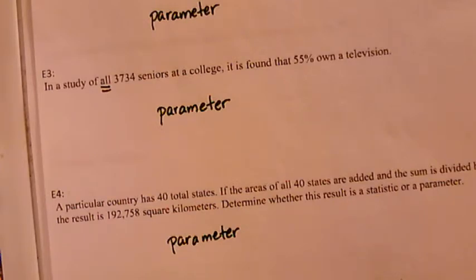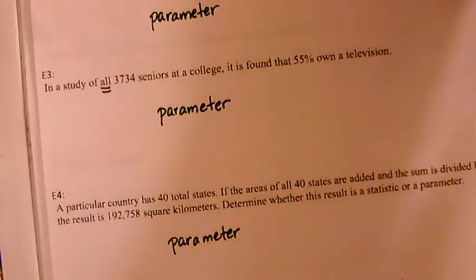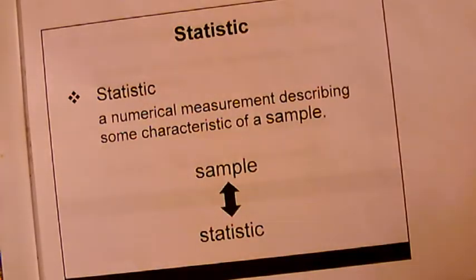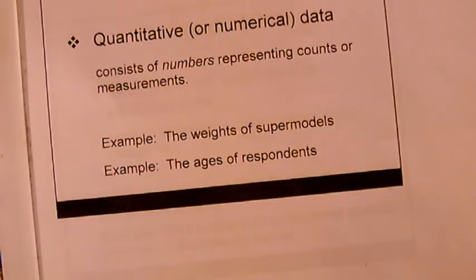If it says something like a sample, then that will be a statistic. So in a sample of 3,734 college seniors, 55% own a television. That statement would be a statistic, because 3,734 is a numerical measurement about a sample. So it's a statistic. Okay, now let's look at some more definitions.